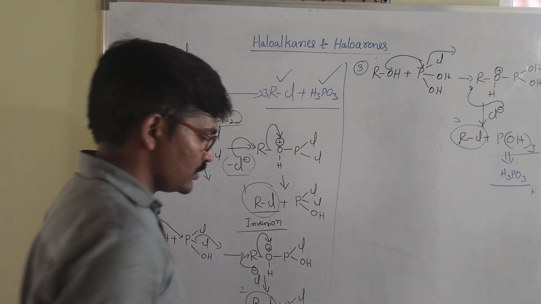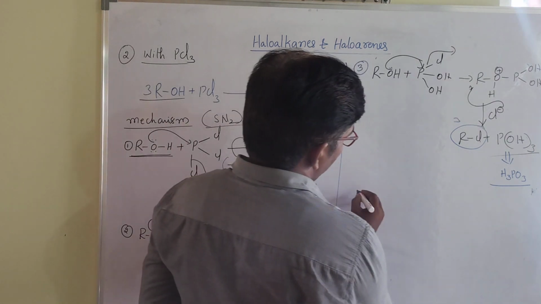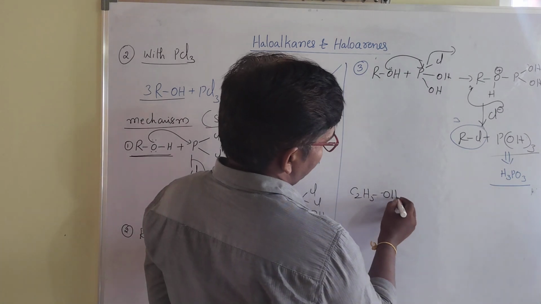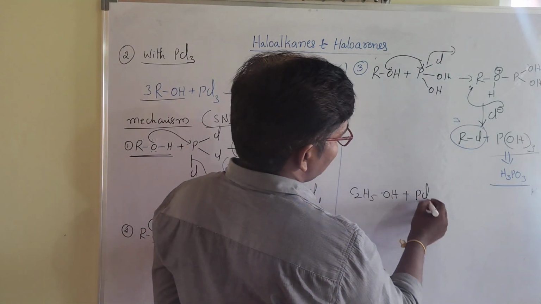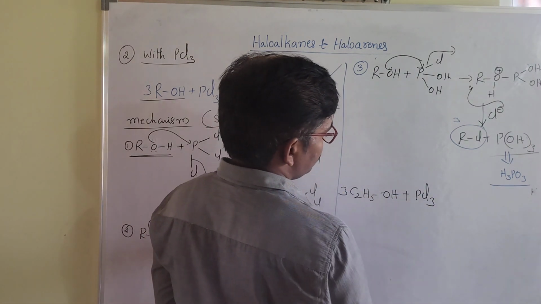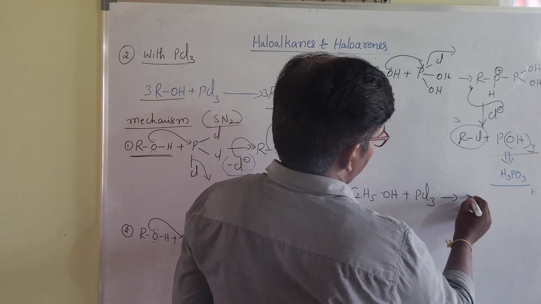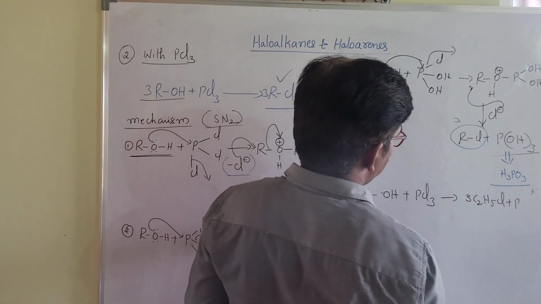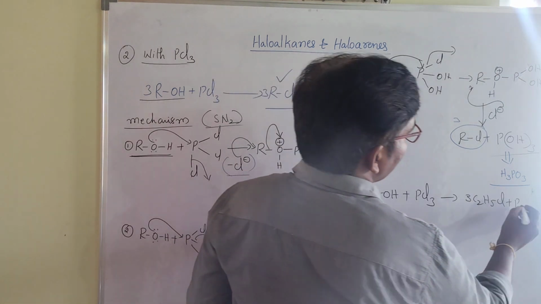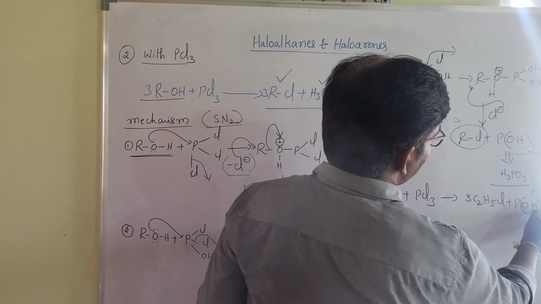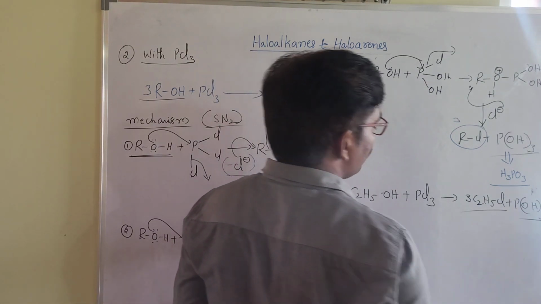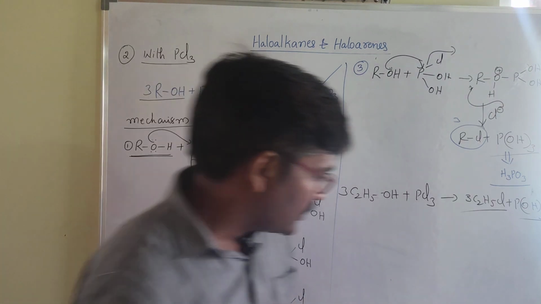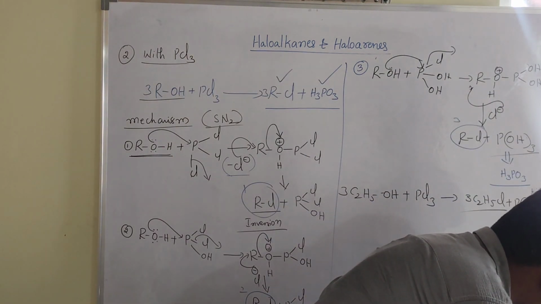So remember, in case of C2H5OH, when it reacts with PCl3, 3 moles of C2H5Cl plus, what will be formed? P(OH) taken thrice, or H3PO3, will be formed. 3 moles we are using in it. So that is the third reagent we used.